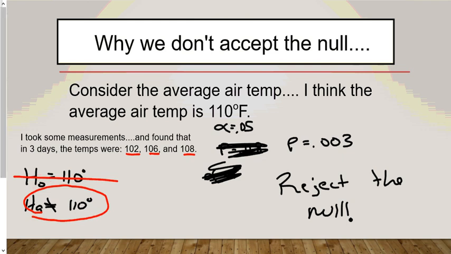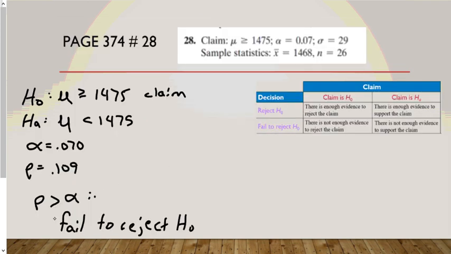Okay, but that's not what this is. I just wanted to go back and show you why we say fail to reject the null. There is not evidence to reject the claim that mu is greater than 1475, and there's really not evidence to support it either. Okay.